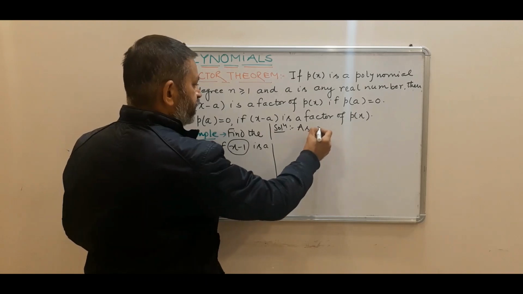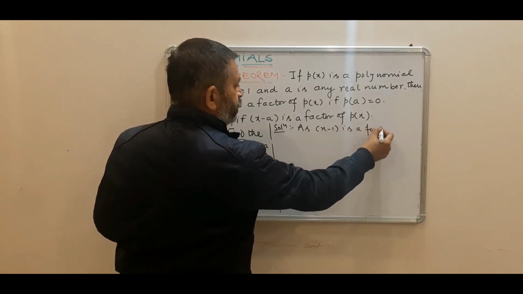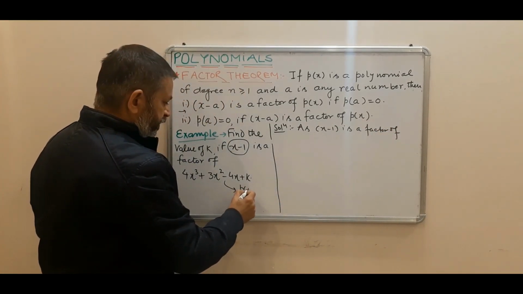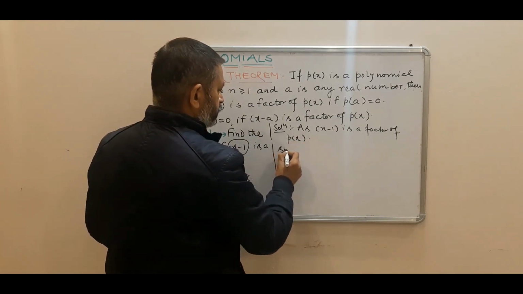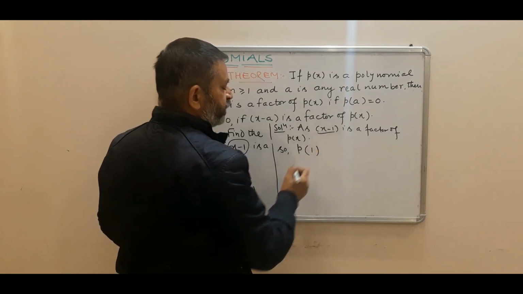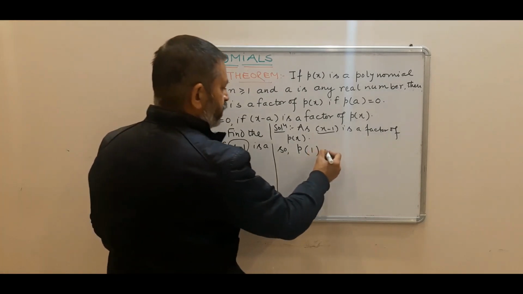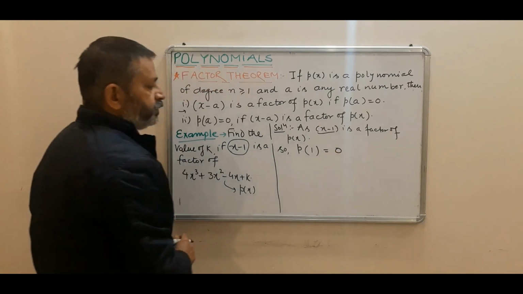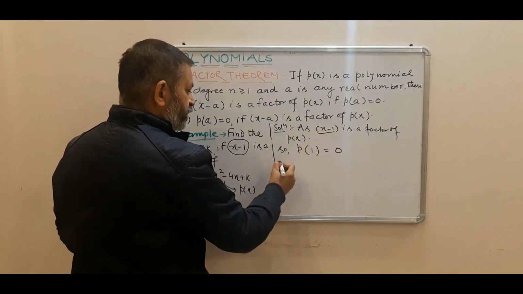So we'll write x - 1 is a factor of this given polynomial, say p(x). So p(1), why 1? Because x - 1, putting this equal to 0, you will get x = 1. So we'll check for p(1). As it is a factor of p(x), so p(1) will be 0 as per the statement.